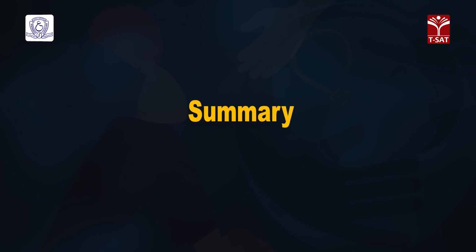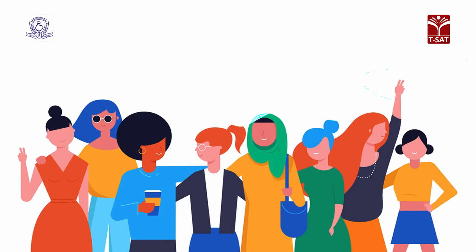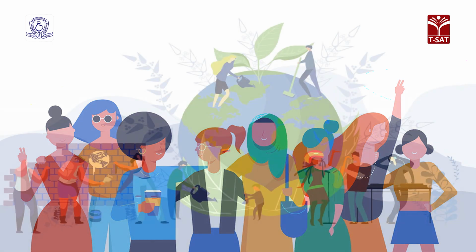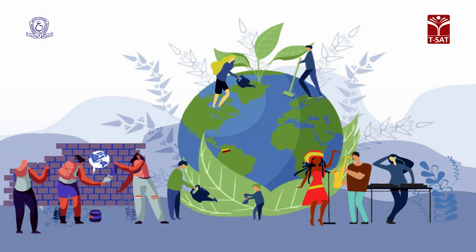Now we'll look at the summary on prejudice and discrimination. Throughout human existence, prejudice has been a powerful agent in either bringing about a change in an individual or in destroying one's life. Prejudice arises out of a negative emotional response.